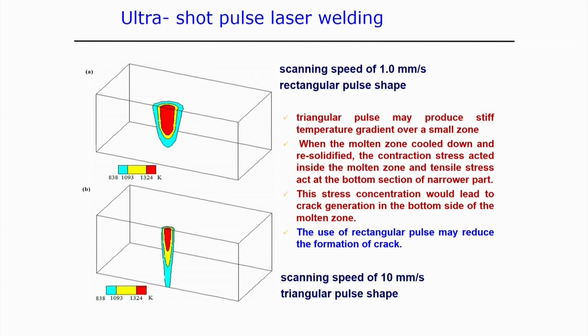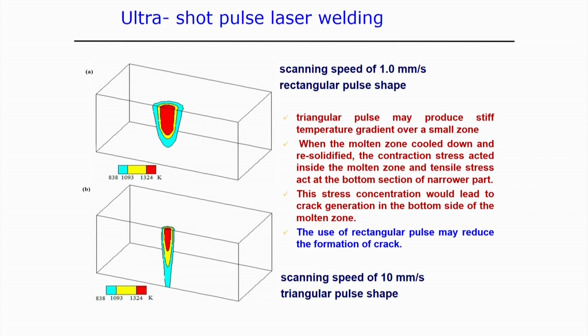This is one case, but there is a difference from the contraction stress acting inside the molten pool, with respect to the bottom surface. So, probably at the bottom surface there is a narrow part, and that actually creates some difference in the stress distribution on the molten pool and the bottom surface when the metal solidifies.